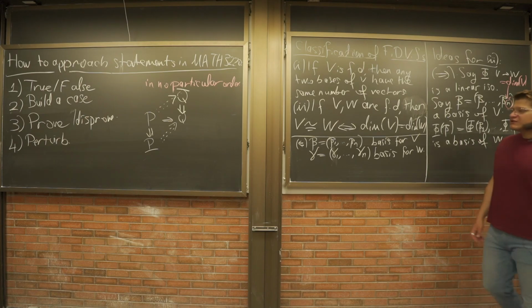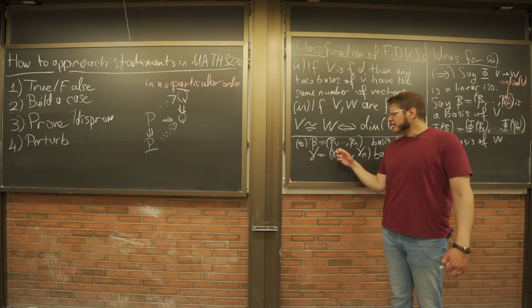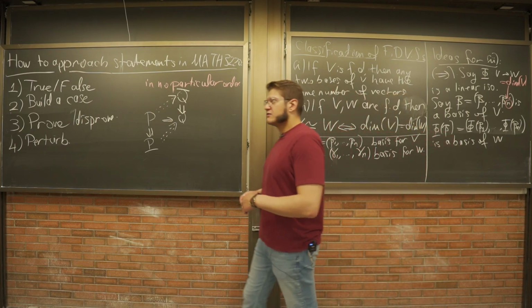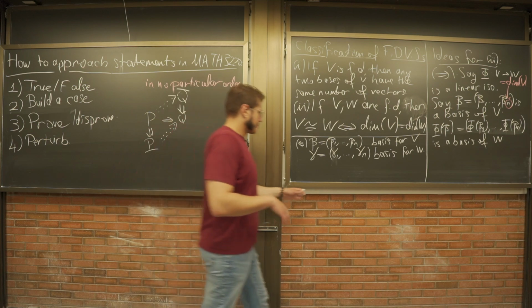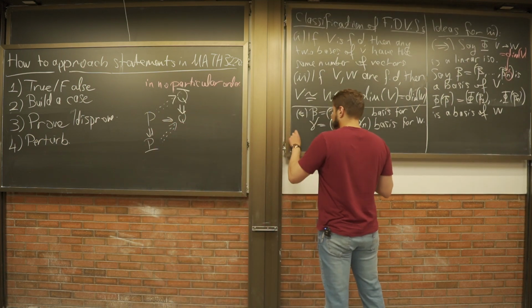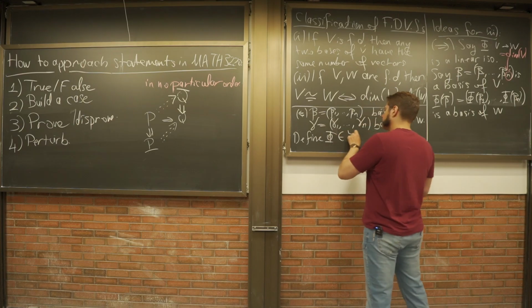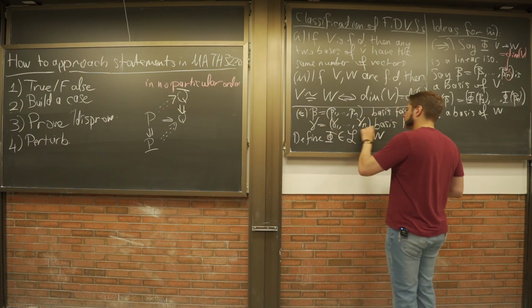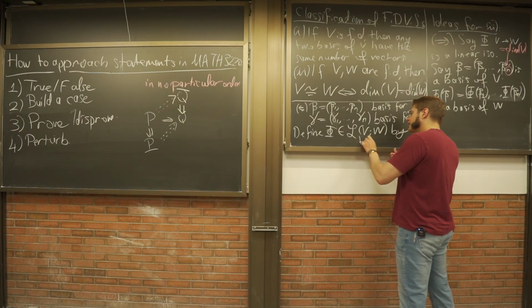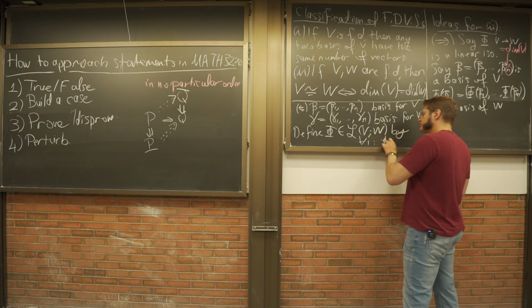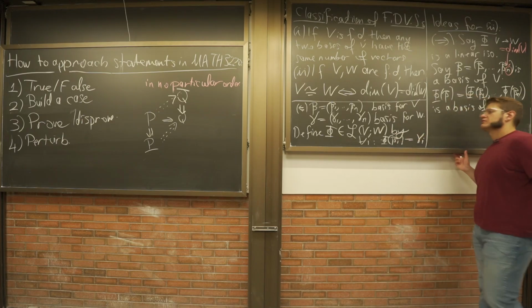But one way to define a linear transformation from V to W is to say, let phi take beta i to gamma i. For any i, phi of beta i equals gamma i.